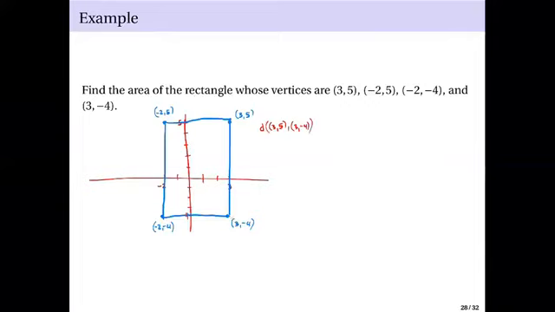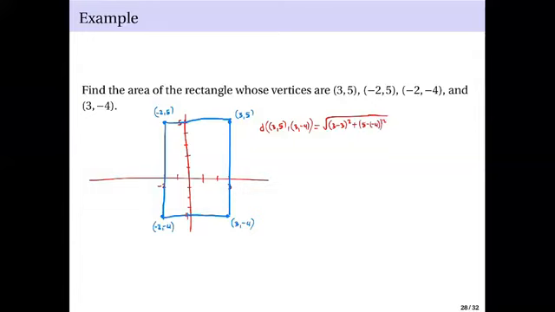So notice you have the same x coordinate. It means the distance between the x coordinates is just 0. Indeed, you will just have 3 minus 3 there. So 3 minus 3 squared. And then for the other guy, you will have 5 minus negative 4. And then you square that.